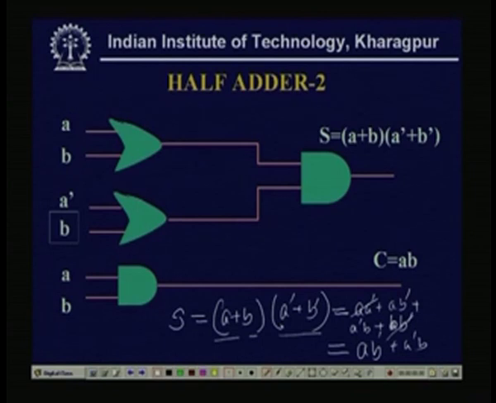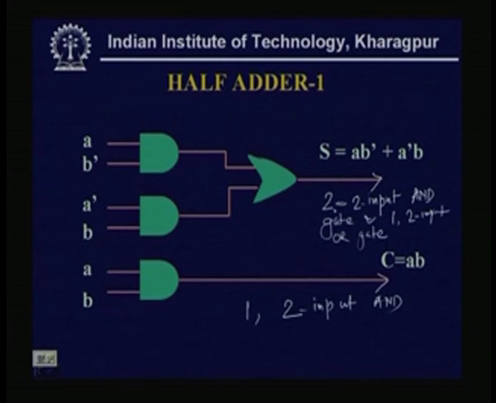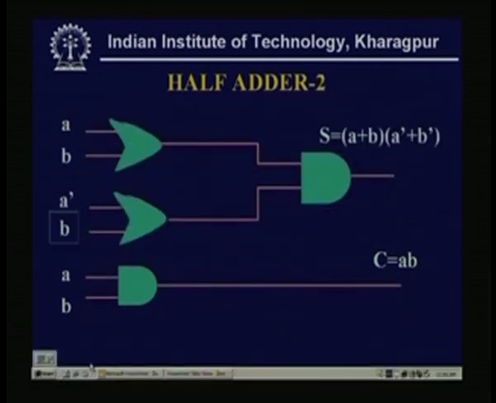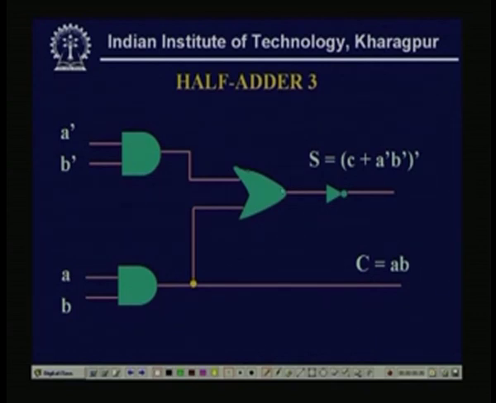Means again this is one AND gate, 2 OR gates, which is the reverse of the previous one. In the previous circuit it was 2 input AND gates and 1 2 input OR gate. Now I am realizing this by 2 2 input OR gates and 1 2 input AND gate.